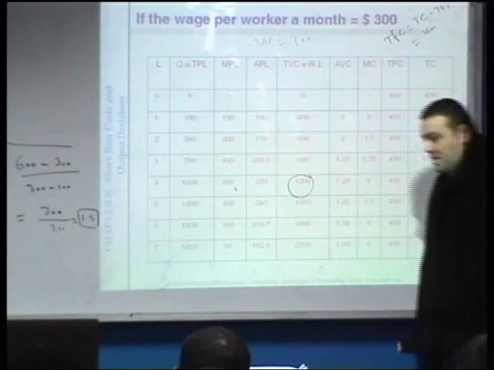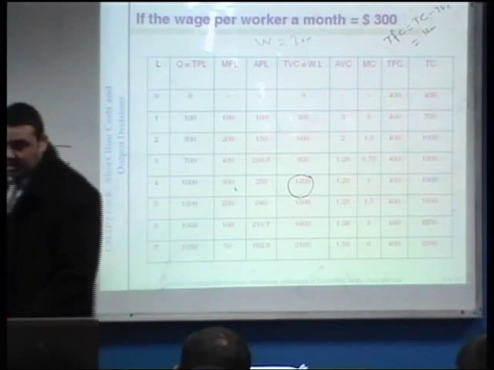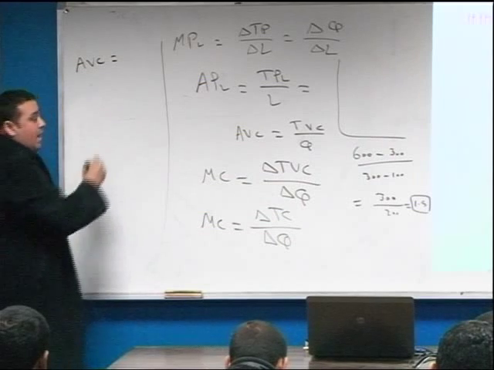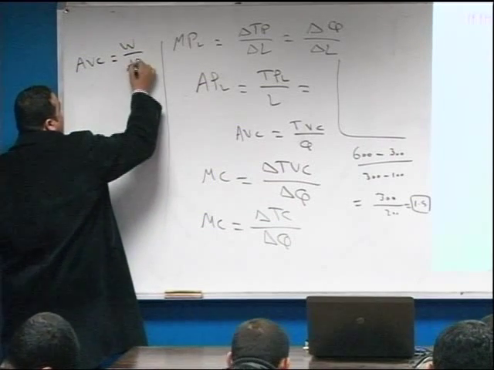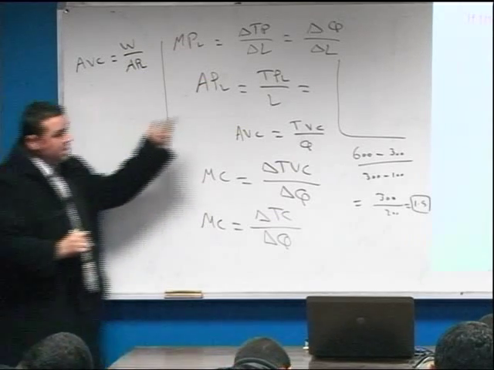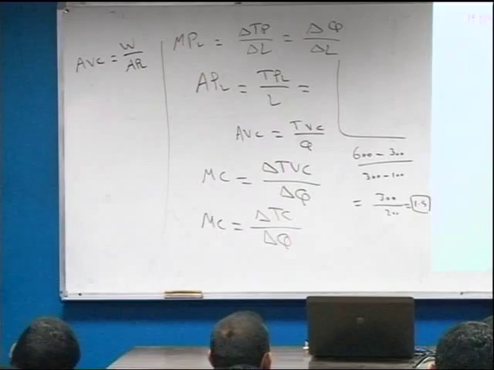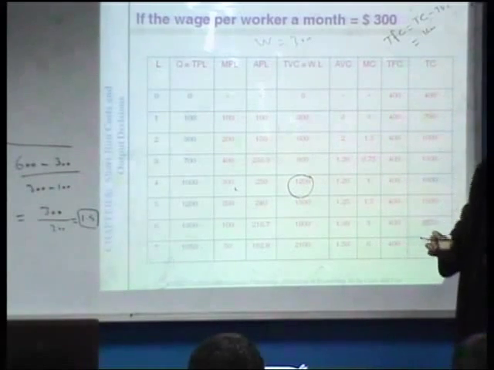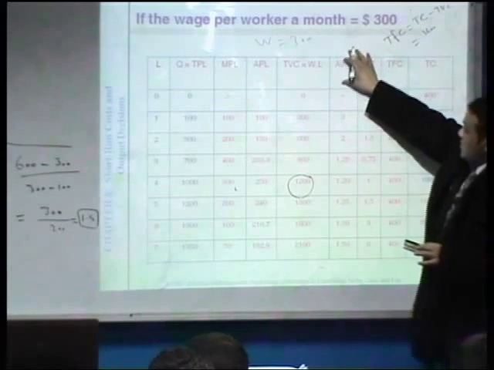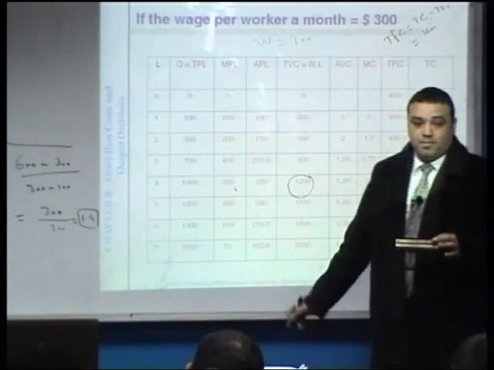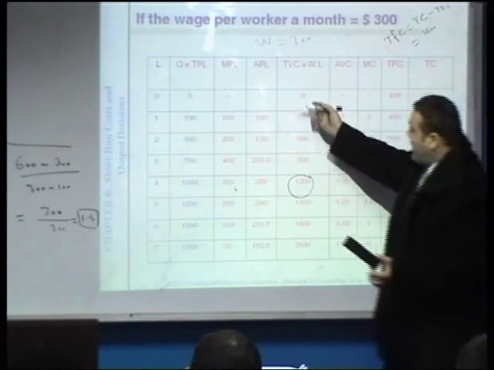What about the other formula which illustrates the relationship between AVC and APL? As we mentioned, AVC equals W over what? APL, right? We derived this formula. So let's test this formula in this table. The average variable cost equals the wage W over APL.